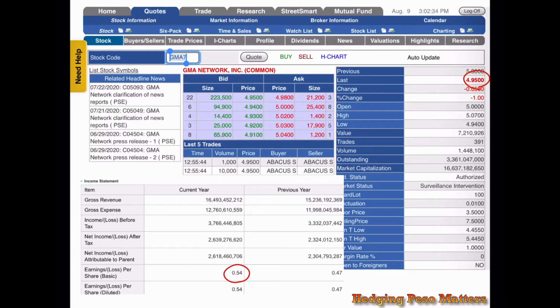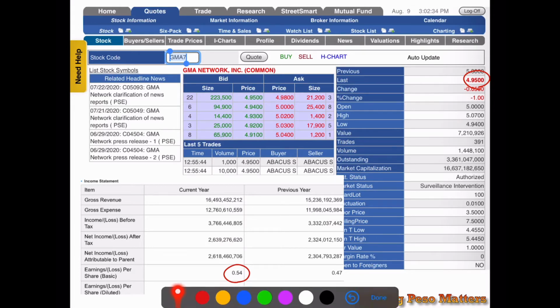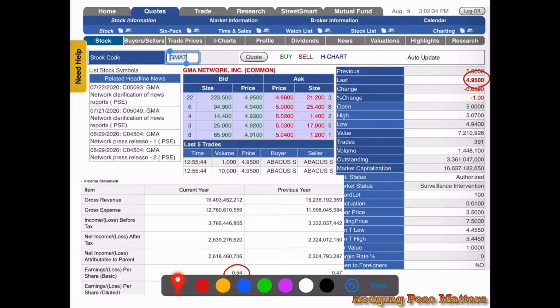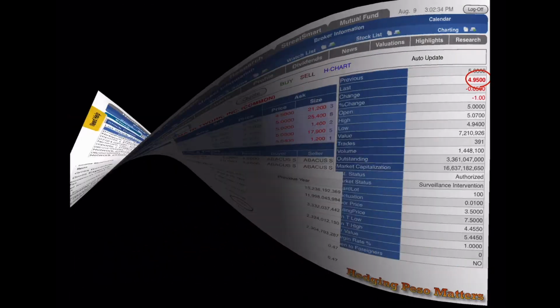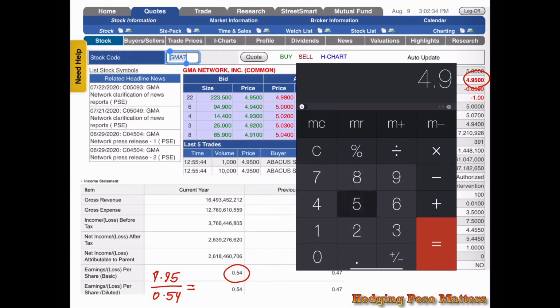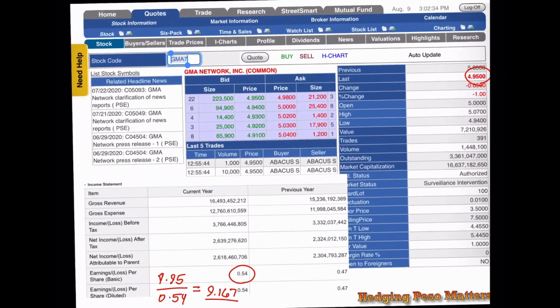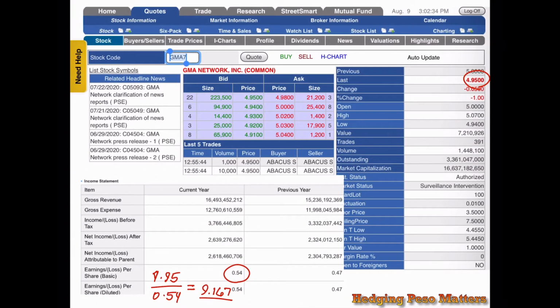So we get this 4.95 over 0.54, equals, let us compute, 9.1667. So this simply shows that GMA 7 is trading at 9 times its earnings.